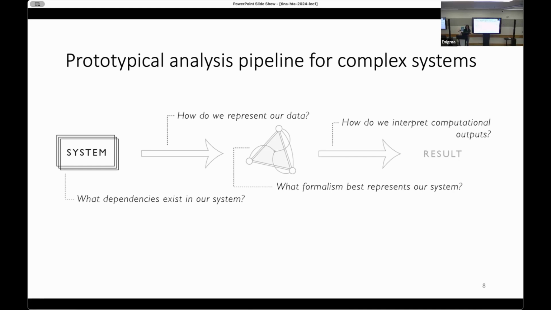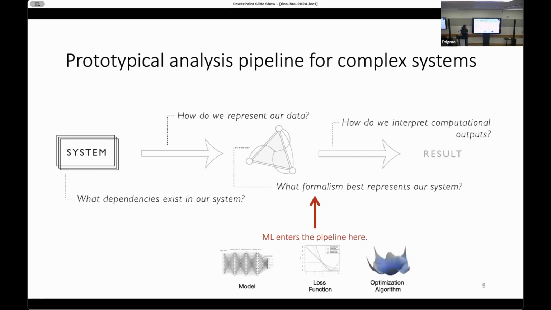I just care about prediction accuracy, supposedly. So where do machine learning systems usually come up? They usually come in at this point, and machine learning people typically don't pay that much attention to the processes that created the data or the system itself, to their own peril, I must say.